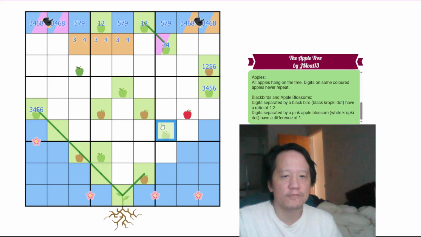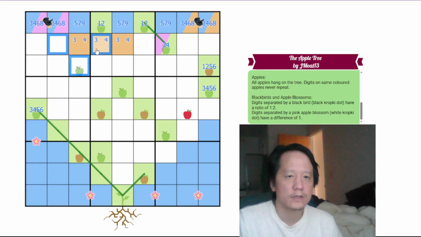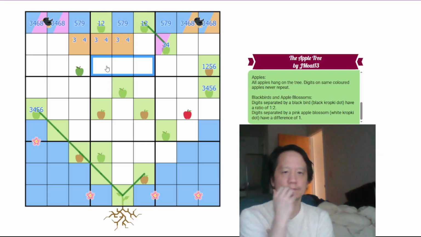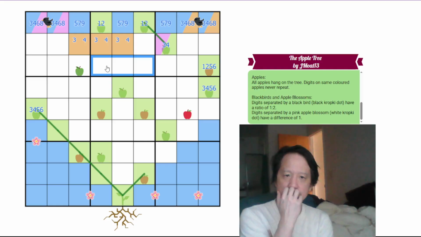We have 3, 7, 8, 9s here. So either if this is 3, that means this is 1 or 2. If this goes to 3, so say this is 7, 8, and 9. That's interesting.